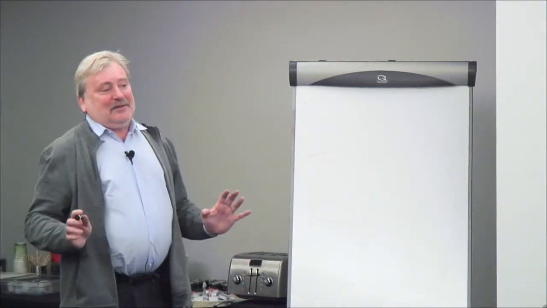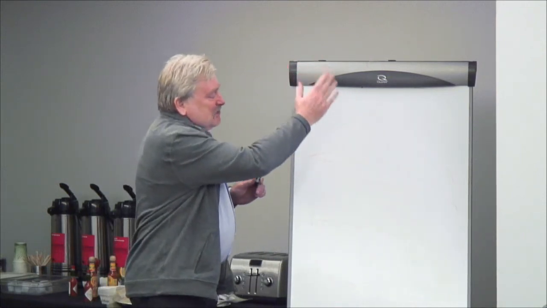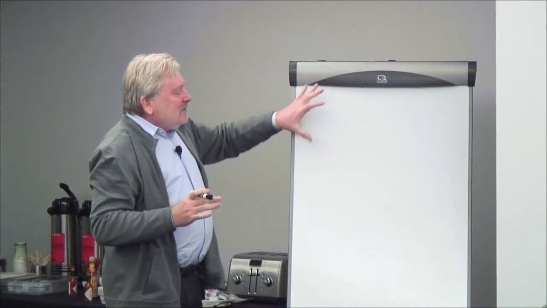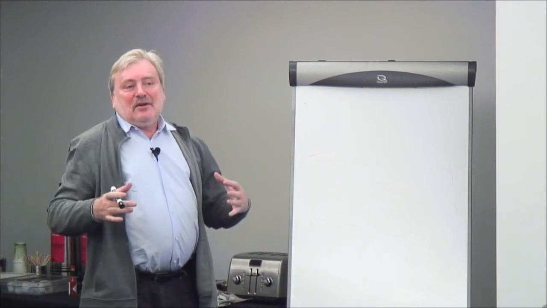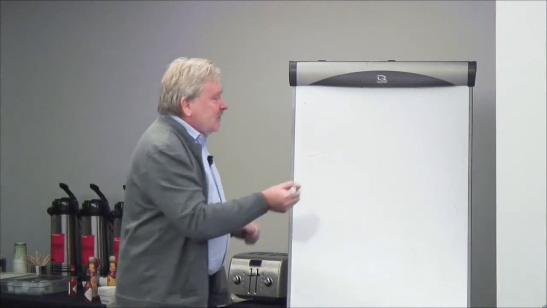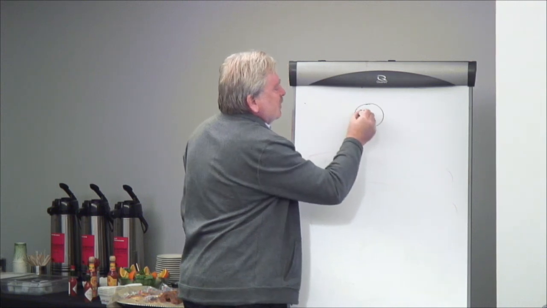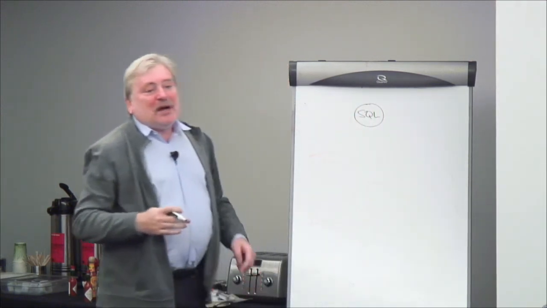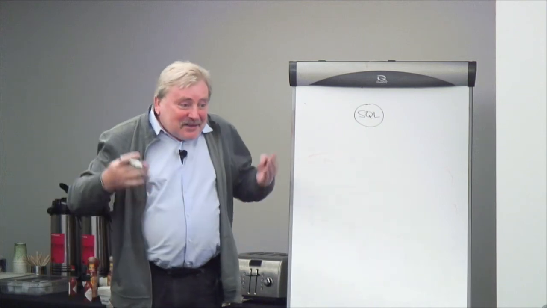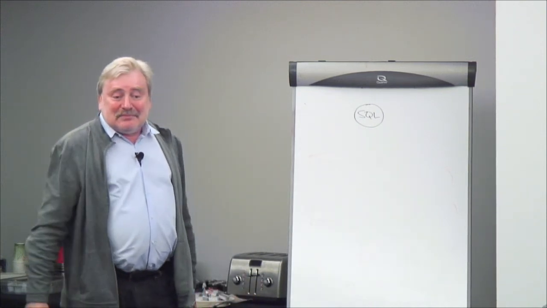So let's start with describing a typical dependency chain of a typical application in the data center. Let's start with an application, let's say a SQL server, part of some application suite running some transaction.